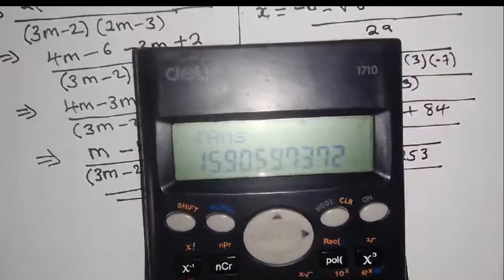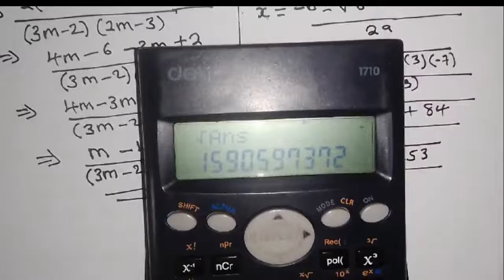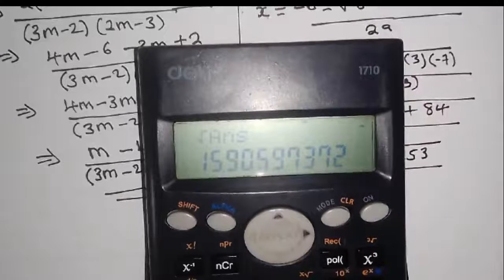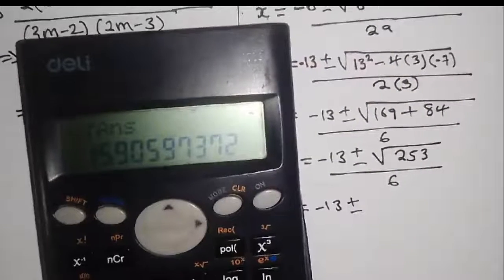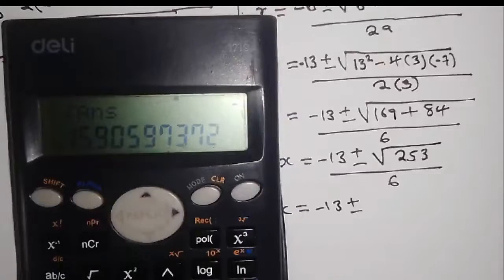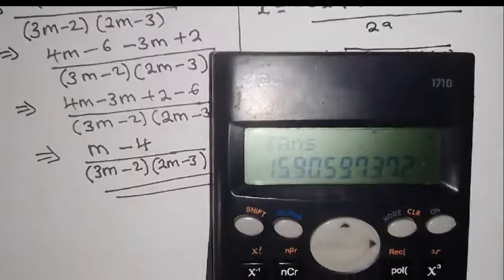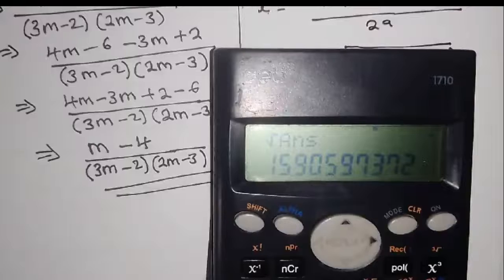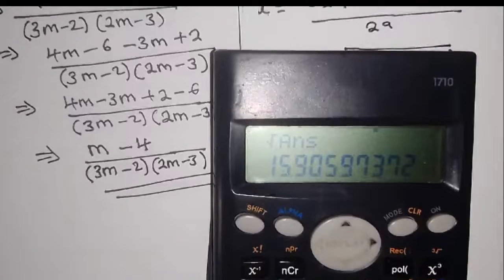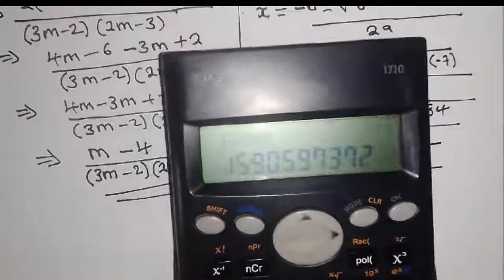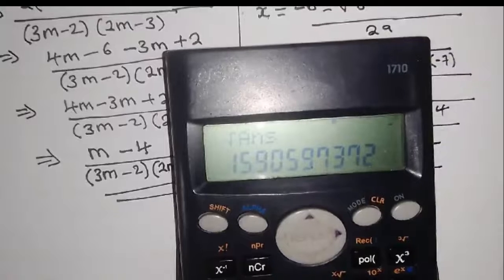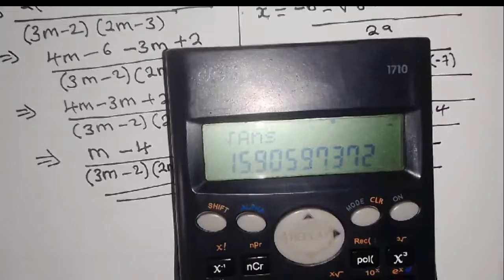So it's fine if you write all the numbers, okay? The entire numbers, I mean everything. But for me, I'll just get 15.905 or maybe 6 there, okay?